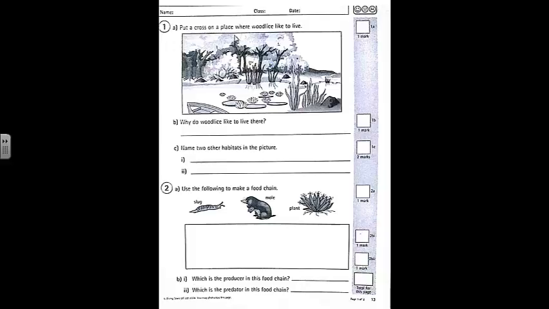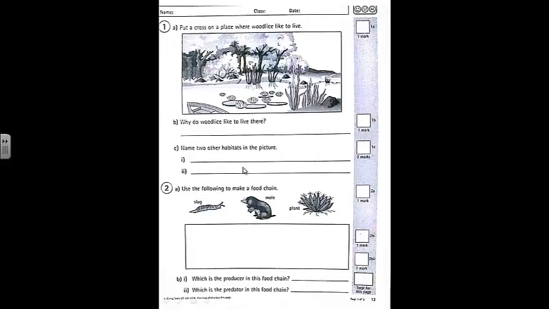And a safe place to lay eggs, safe place to reproduce. So why do wood lice live there? Because it can find its food there, it can find a good shelter there, and a safe place to lay eggs, as it's an insect, so it lays eggs.